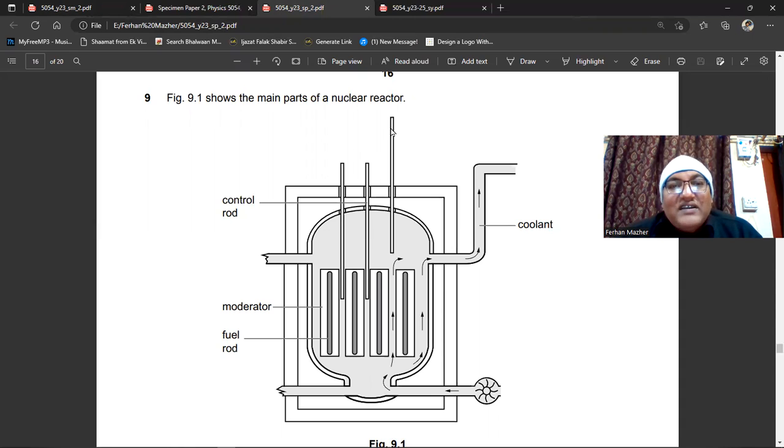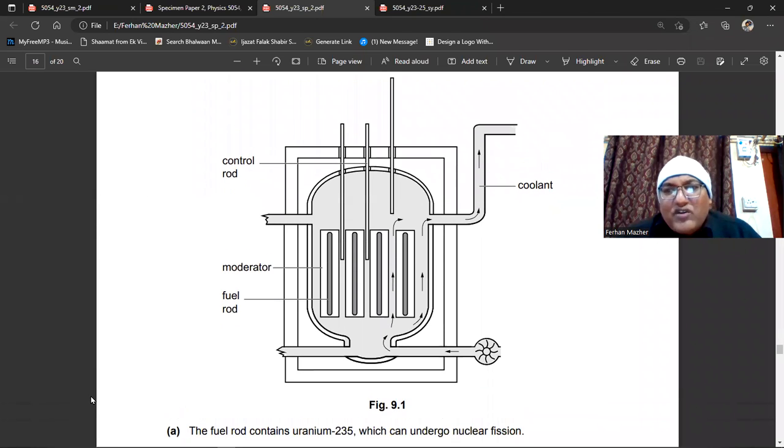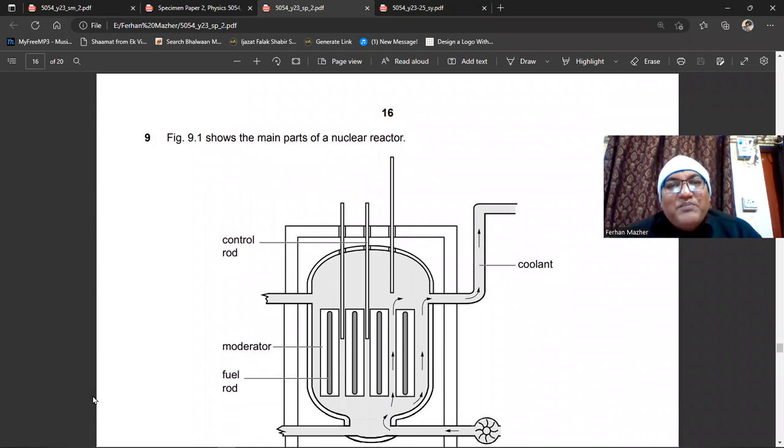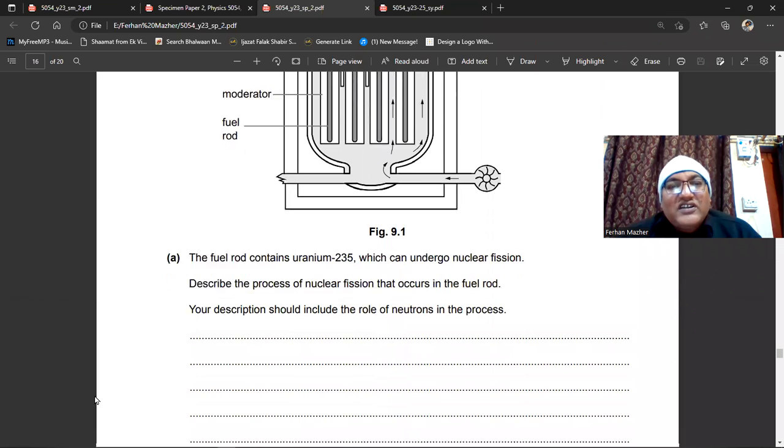Then we have these control rods. The control rods can absorb the neutrons, and the coolant comes from here, and from here it takes away the heat. Okay, so that's the basic structure of a nuclear reactor.